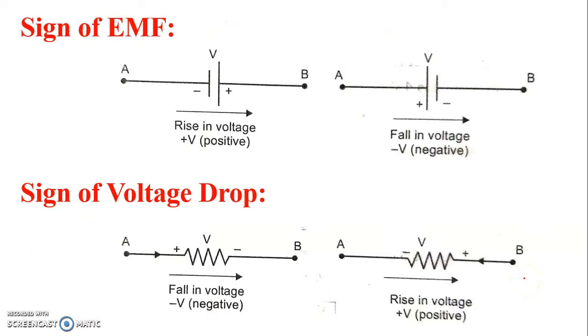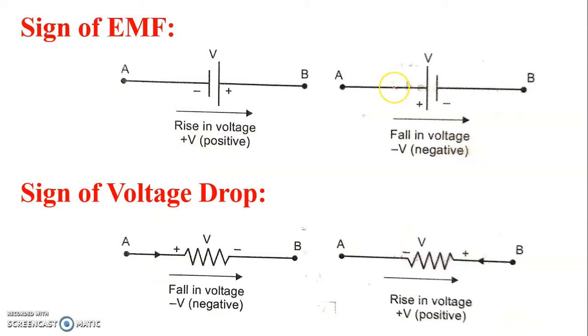So next is the sign of EMF and sign of voltage drop. These two are very important when we are doing mesh analysis. If you are assuming the current flows from negative to positive, then we take this as a rise in voltage and the symbol of the voltage is positive.